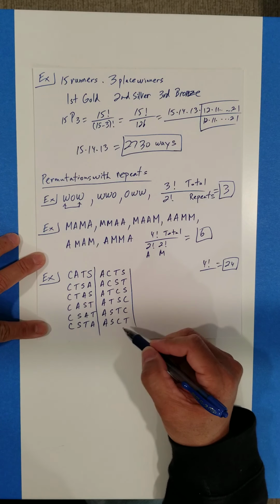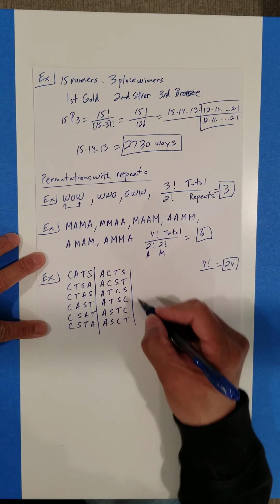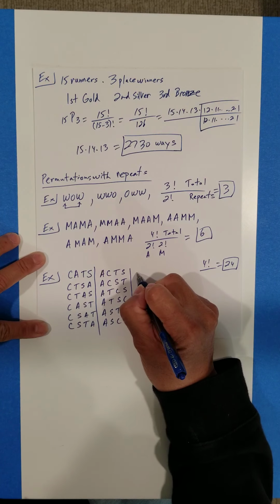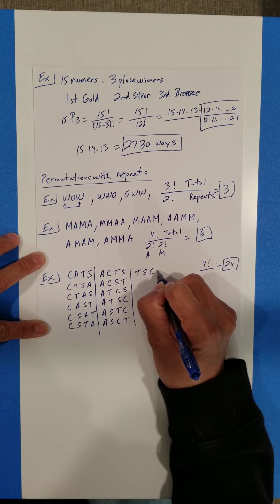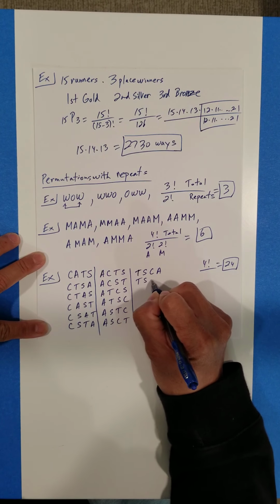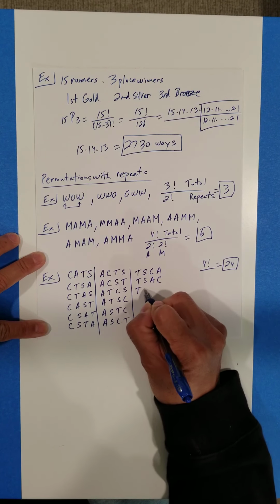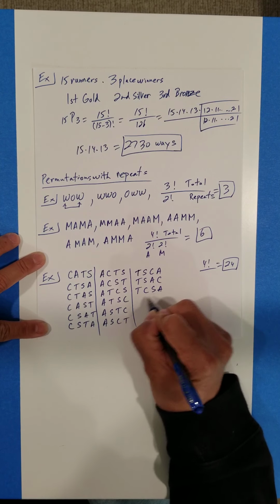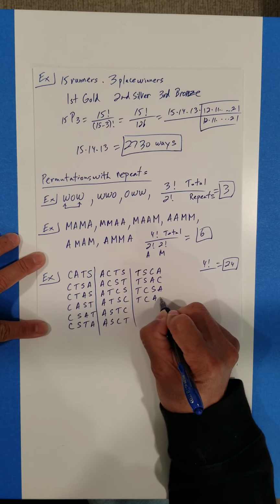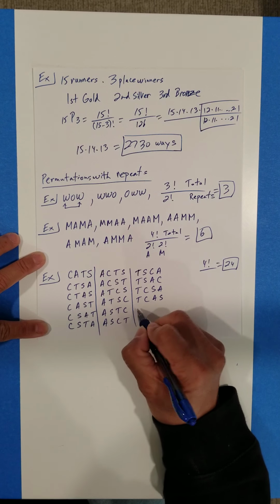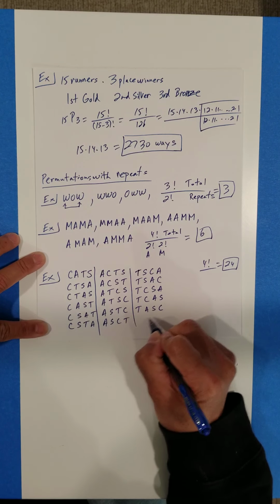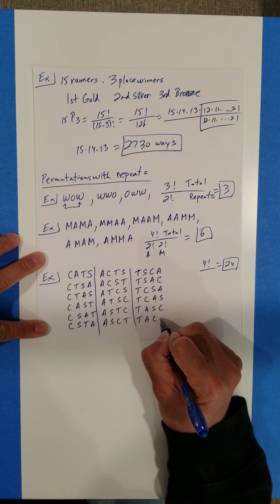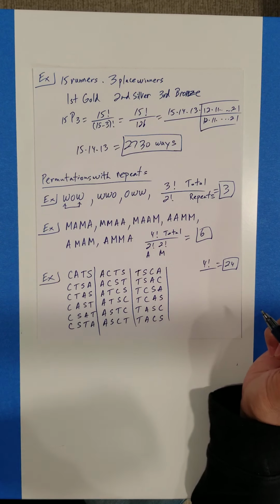And again, I do this with T in the front: T, S, C, A, T, S, A, C, T, C, S, A, T, C, A, S, T, A, S, C, T, A, C, S. There's 6.